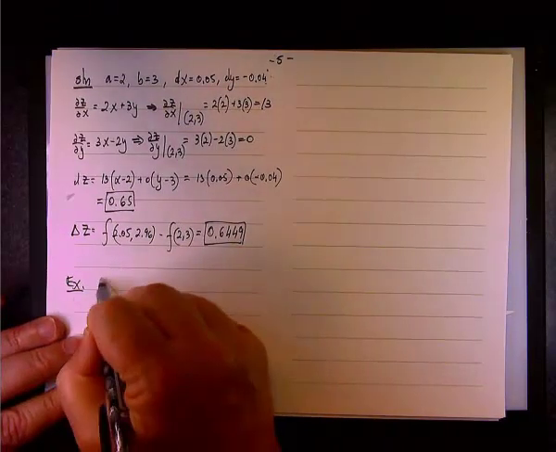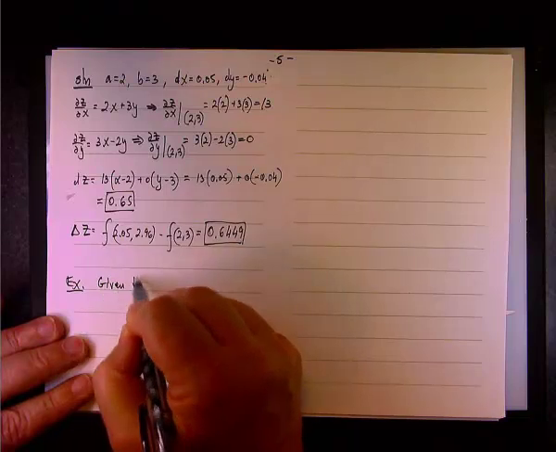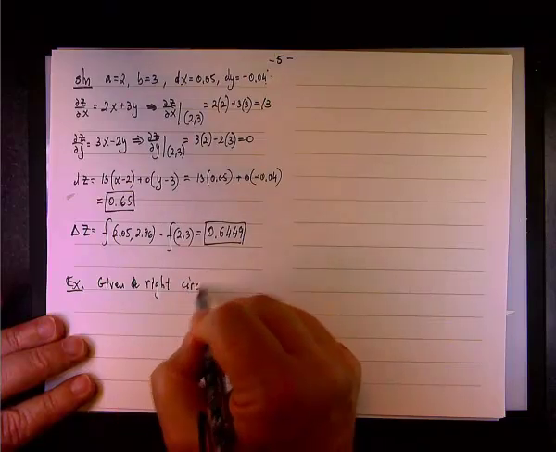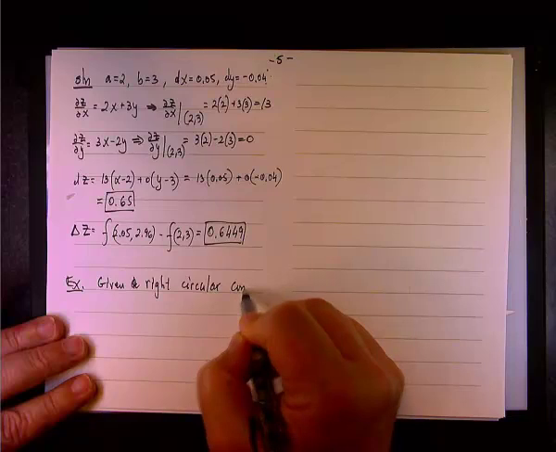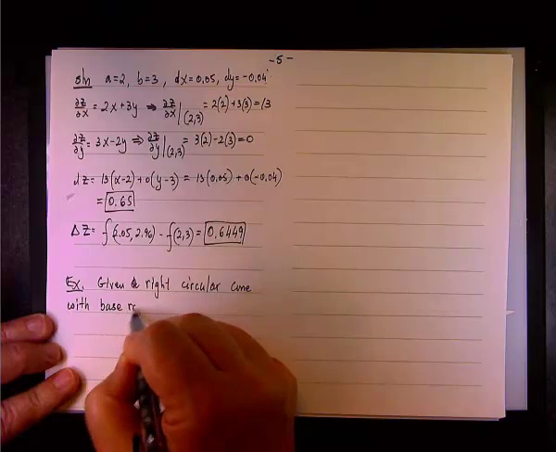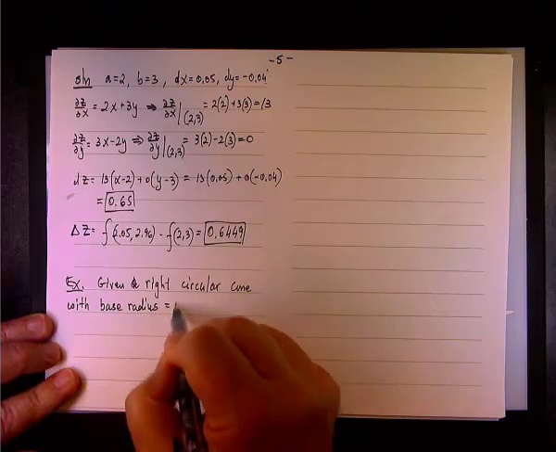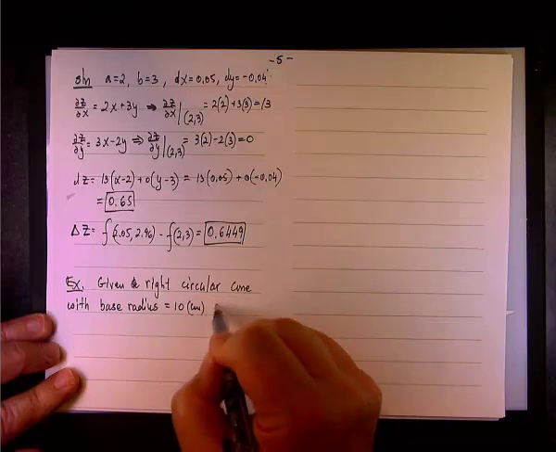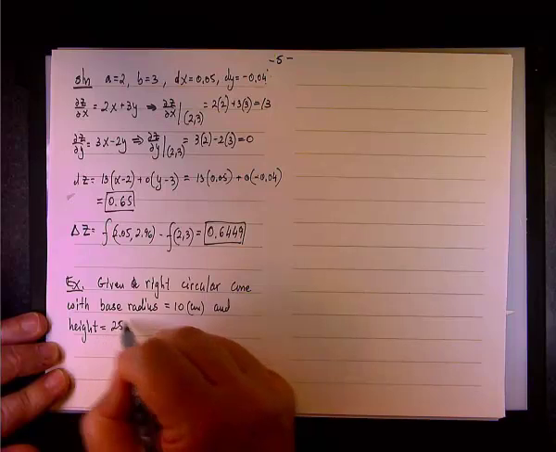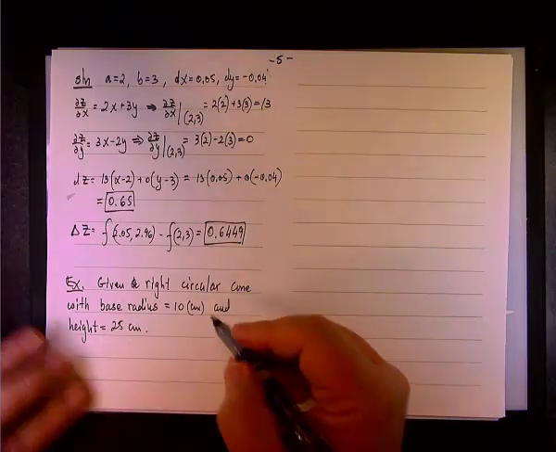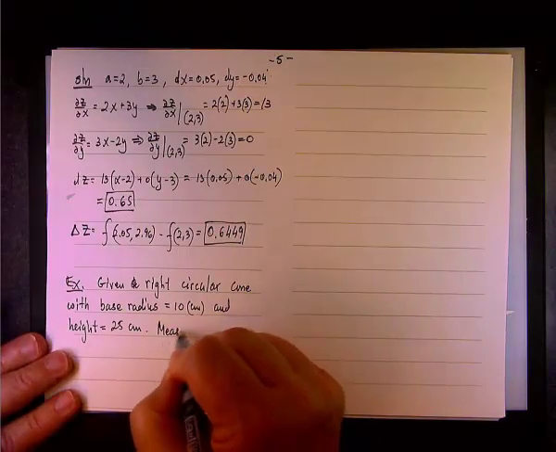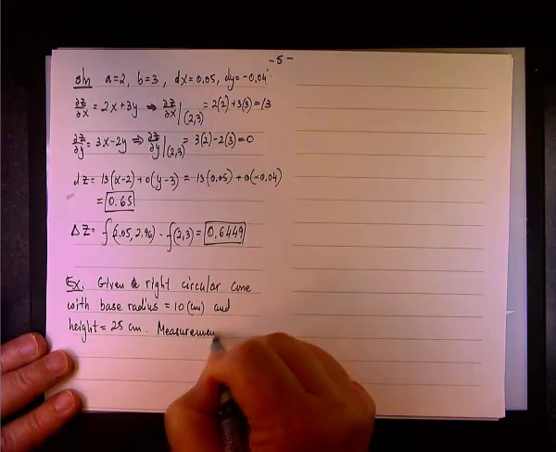That's pretty good. Okay. Let me give you one more example here. When we calculate for volume, in this example, we are given a right circular cone with base radius equals 10 centimeters and height equals 25 centimeters.